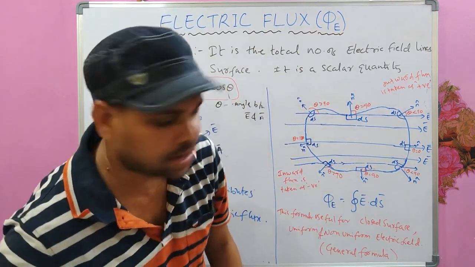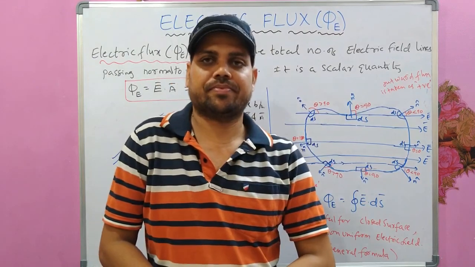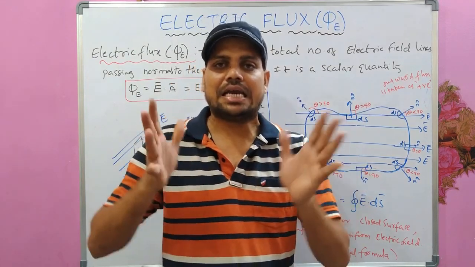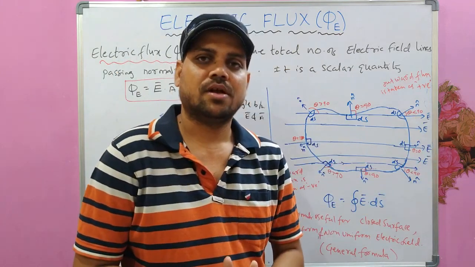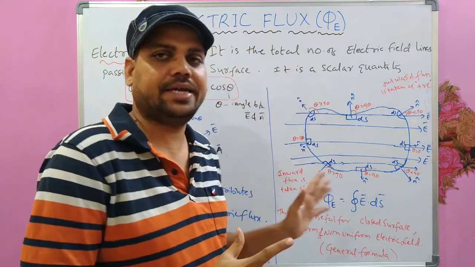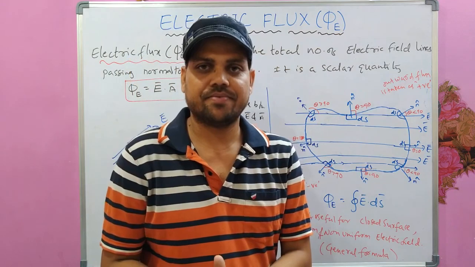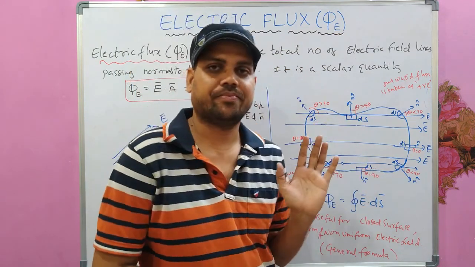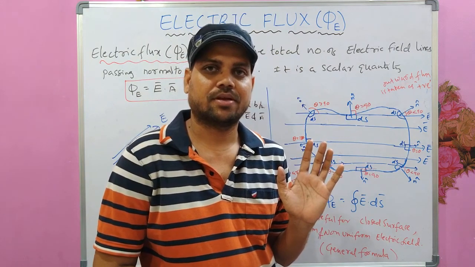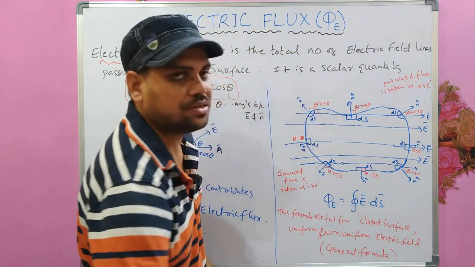Now if you carefully observe all these segments, for theta less than 90, the flux is positive. For theta greater than 90, flux is negative. For theta equal to 90, flux is 0. See where you are getting all these values?